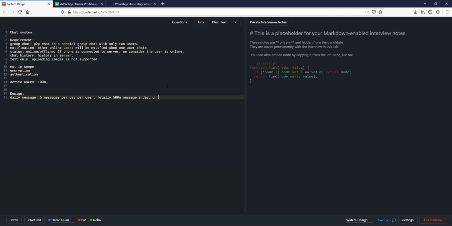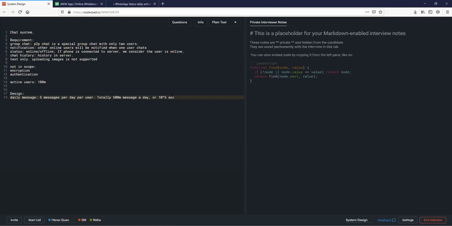Let's make a quick estimation. Every day there are about 100K seconds, roughly 10 to the 5 seconds.